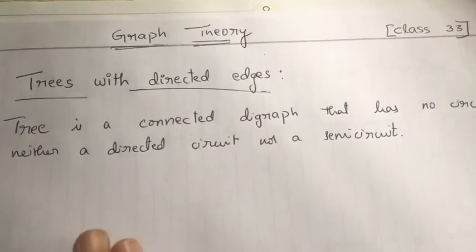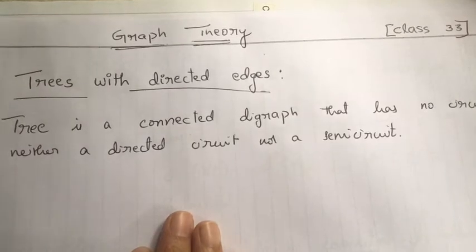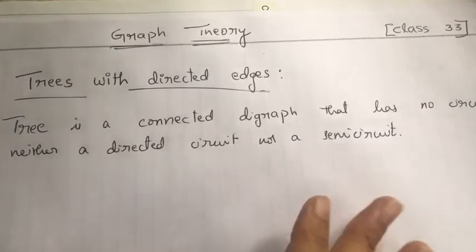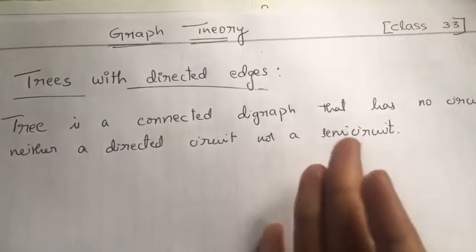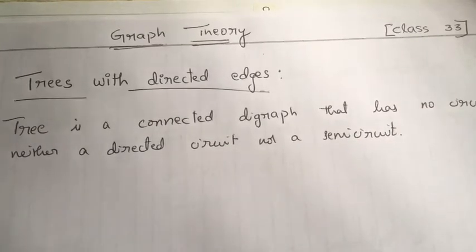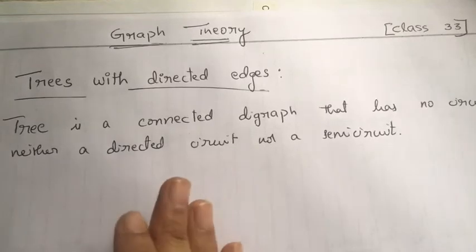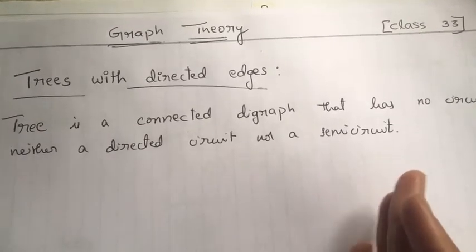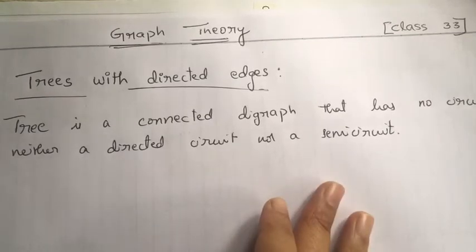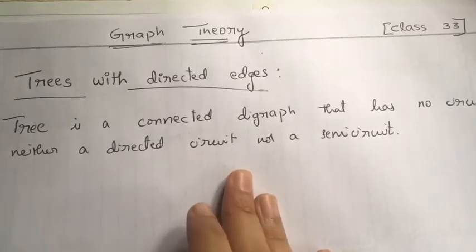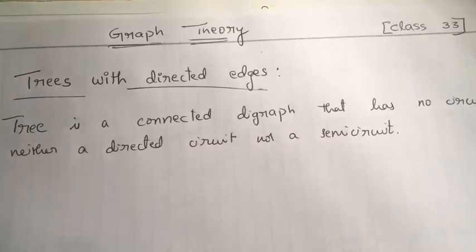Trees with directed edges are of greater importance in many applications such as electrical network analysis, game theory, computer programming and some counting problems, etc. So in addition to being trees in the undirected sense, trees in digraphs have some additional properties and some variations resulting from the orientation given to the edges.